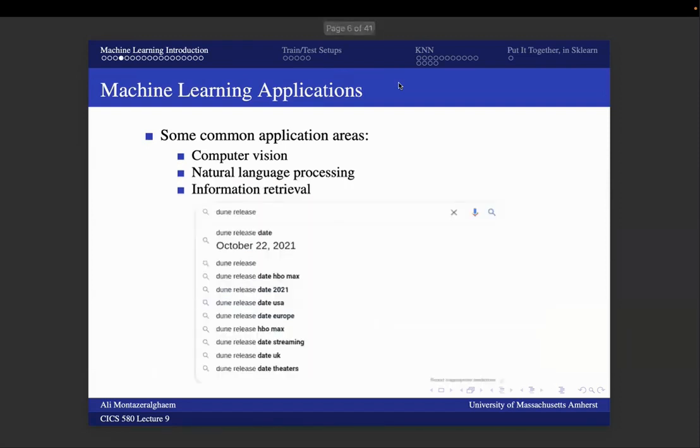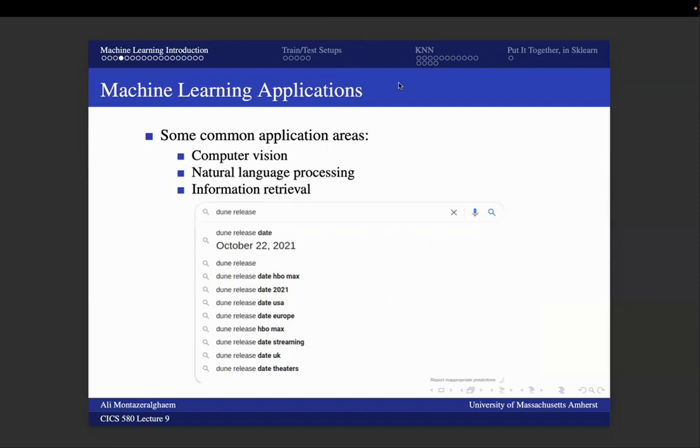And the third one is information retrieval. In information retrieval, you get a query from the user, and you want to retrieve some documents for the user in a ranked list and show it to the user.